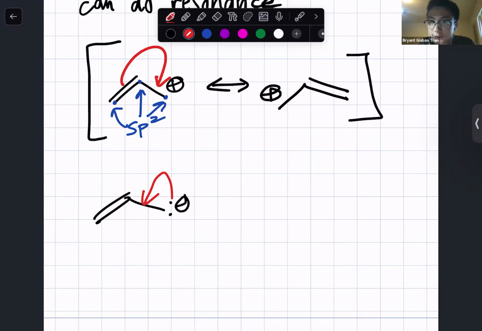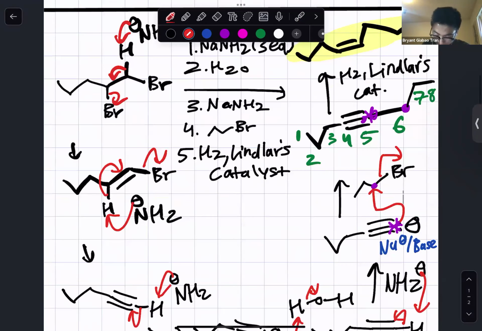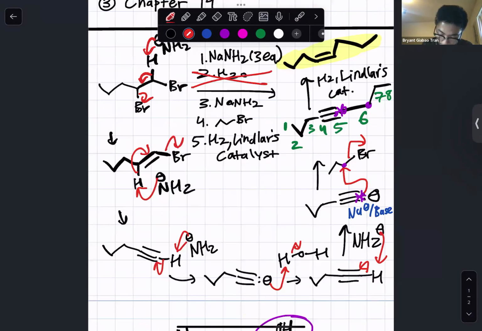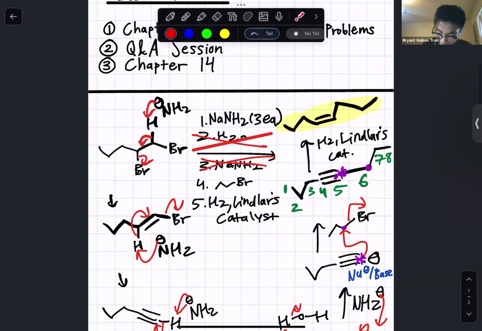Oh shoot, I just see the chat. What is the purpose of deprotonating a terminal alkyne and protonating it again with water and then deprotonating it again with another NH2? Yeah, so when I made this problem, I just realized that we didn't need this protonation step. We could have just gone straight to the SN2 reaction there. So this was kind of useless, but I just wanted to include it to include more reactions.